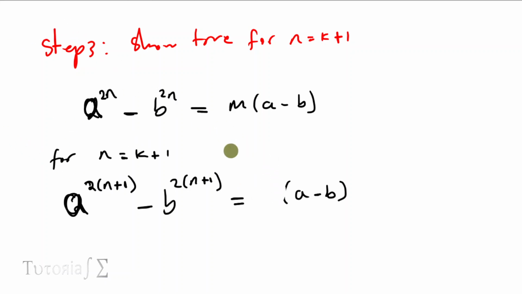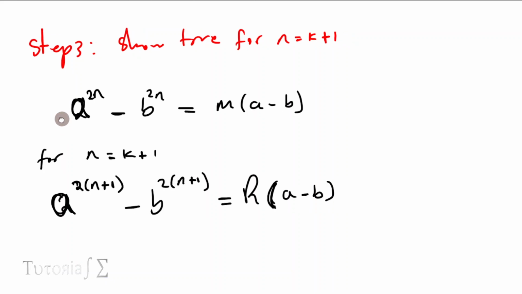So we say some r, such that when you multiply that r with a minus b, it will give you this side. Okay, so that is the idea here. Again, r is an integer.